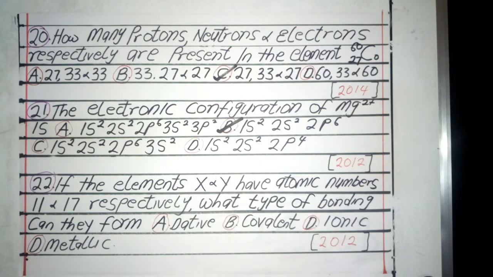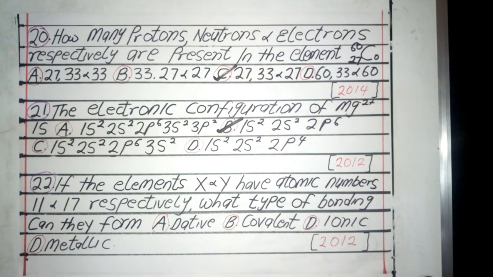So of course, the bond formed between sodium and chlorine has to be ionic. Sodium is a metal, chlorine is a non-metal. Ionic bonding has to do with the transfer of electrons from a metal to a non-metal.